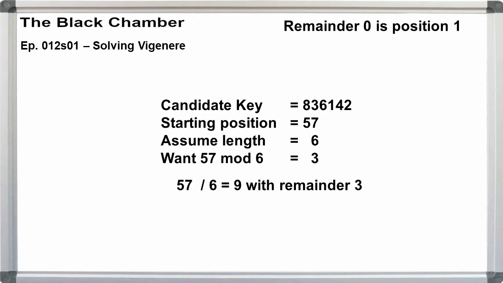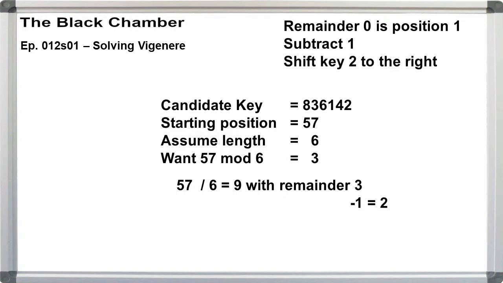Since remainder 0 represents position 1 in our message, we need to subtract 1 from the remainder, then shift that number of places to the right. That is, shift the key 2 places to the right. 428361 is our adjusted true key, if the key width is actually 6.